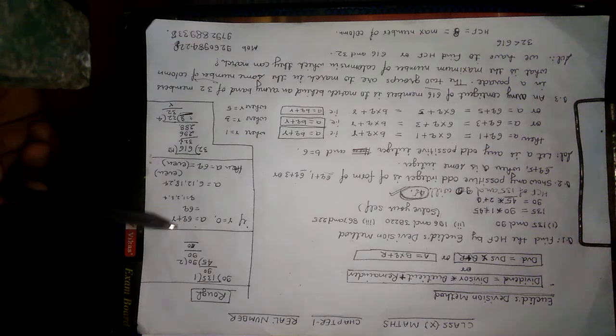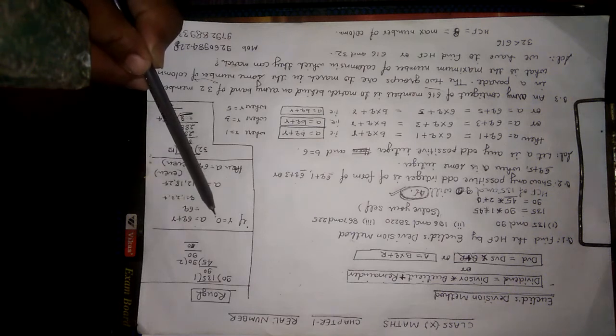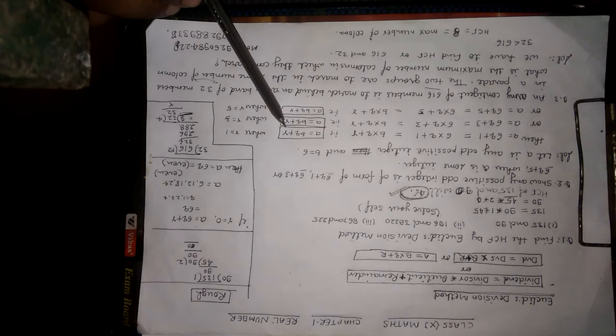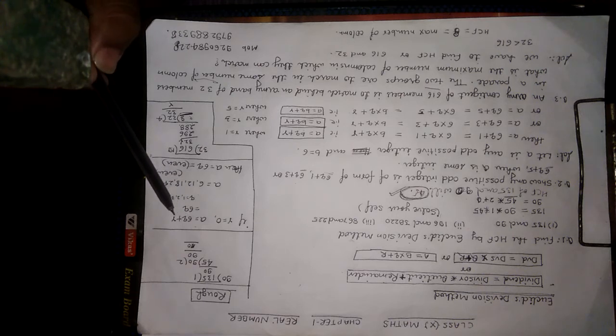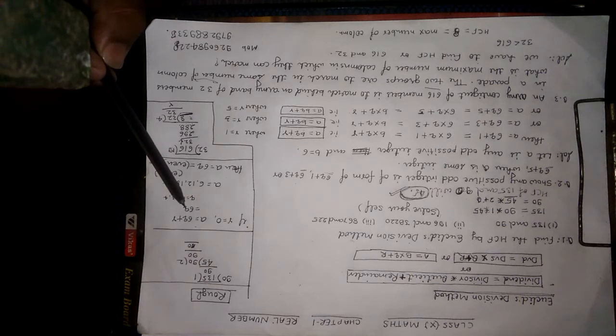Okay, so look here, for the rough process, if r is equal to 0, when the remainder is 0, then because a is equal to bq plus r, a is equal to 6q plus r. Here r is 0, so you will get a is equal to 6q. q is a quotient, meaning 1, 2, 3, 4.